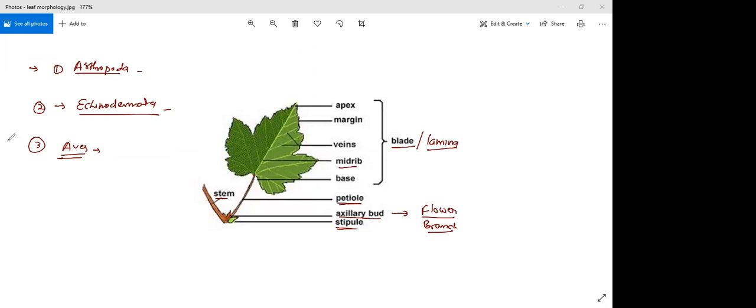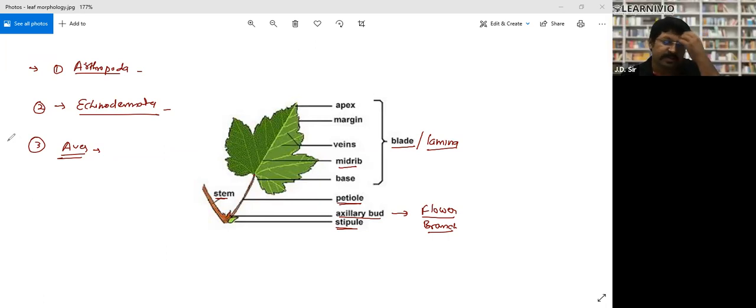One is the storage sac, and the other is the oil gland. Right, lungs have special air sacs which provide them buoyancy. And they have an oil gland, also called the preen gland, on their skin actually.